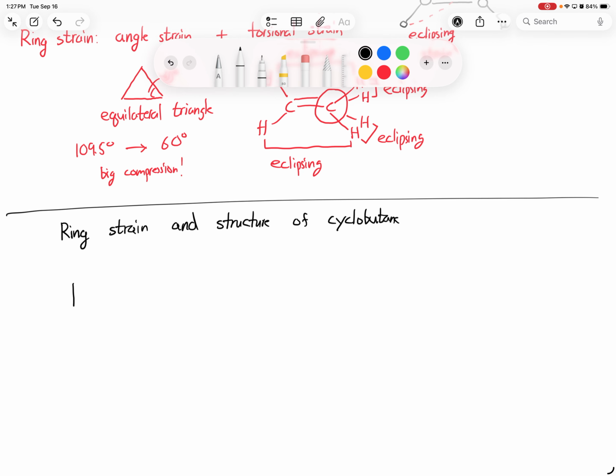So we have a ring here. All right, so let's draw all the hydrogens, wedged and dashed. So it doesn't really matter where you draw the wedge and dash. Just draw one on each carbon.